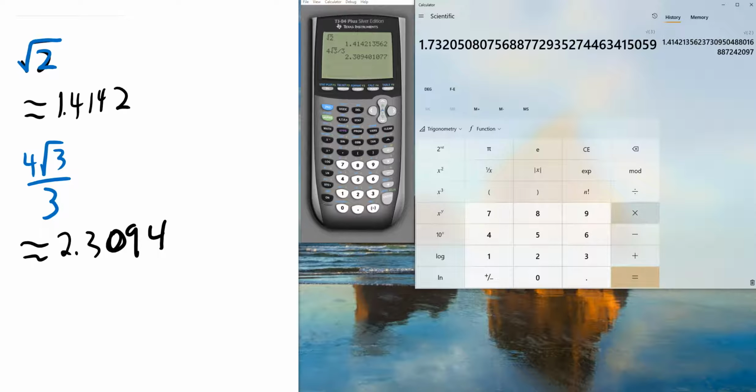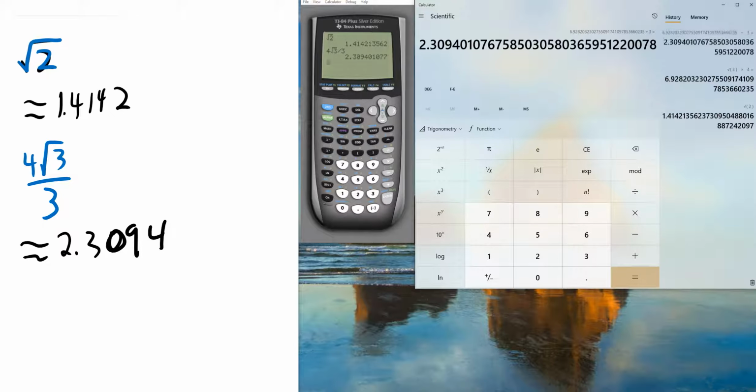And then you multiply that by 4 and hit the equal sign. That gives me what goes on the top. If I divide that by 3, enter, that gives me exactly the same answer. So first in the scientific, you start with the radical sign and then multiply the answer by 4 and divide that by 3.